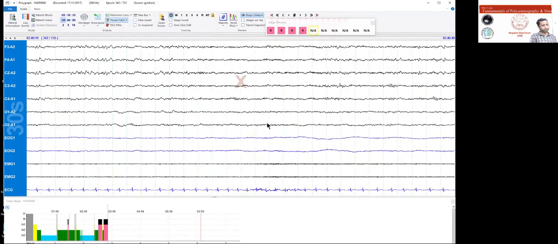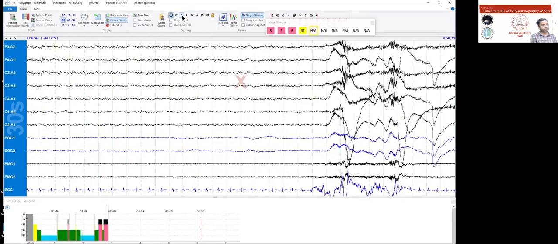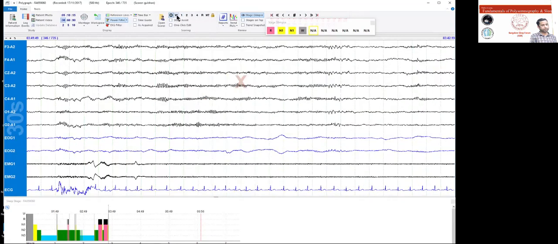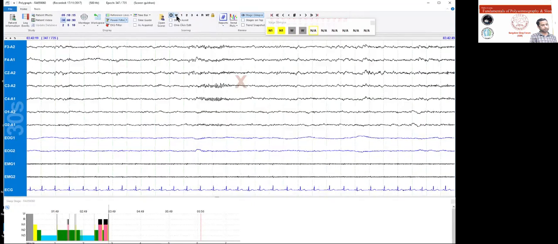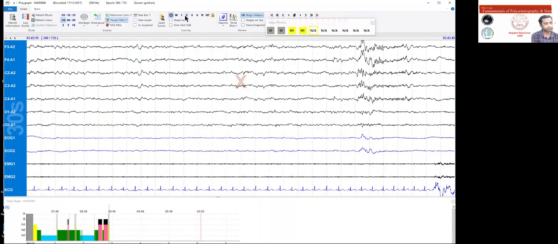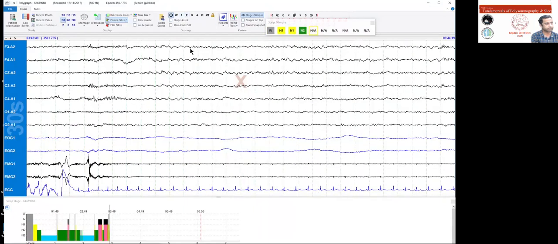This is wake again. Not N1, because alpha was replaced by low amplitude frequency, and K complex is there, and okay.